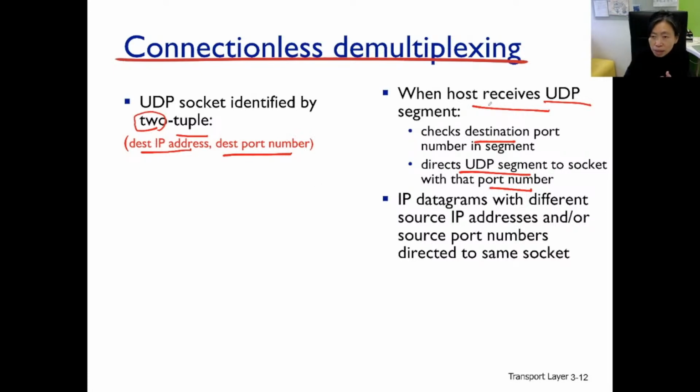Datagrams with different source IP addresses and different source port numbers, as long as they come to the same destination IP address and destination port number, will go through the same socket. So demultiplexing for UDP is slightly simpler. All we care about is the destination address and port number.